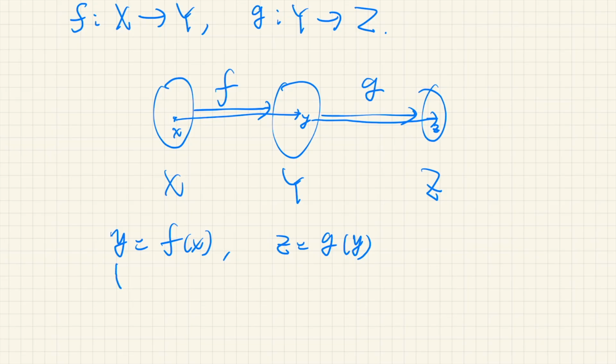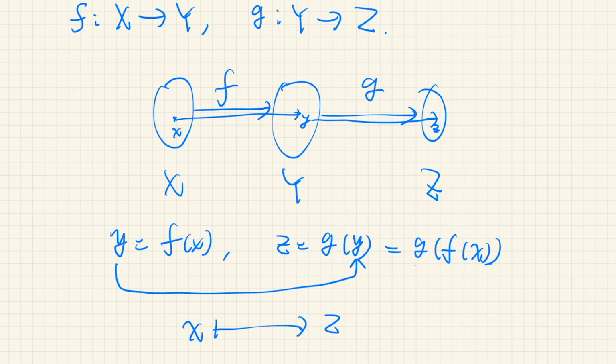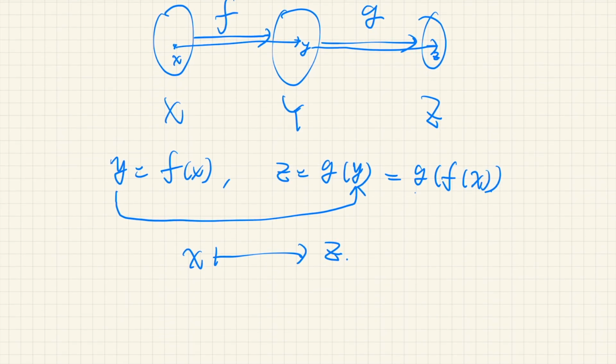So if we plug this y into here, this can be written as g of f of x. So this defines a new map from X to Z, right?